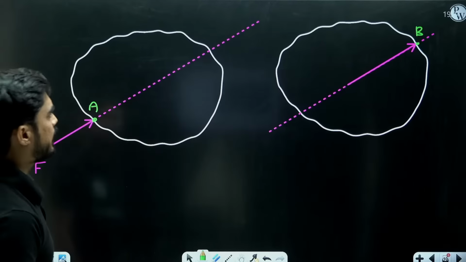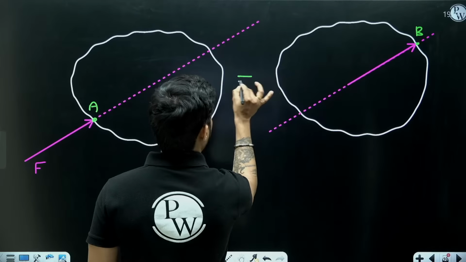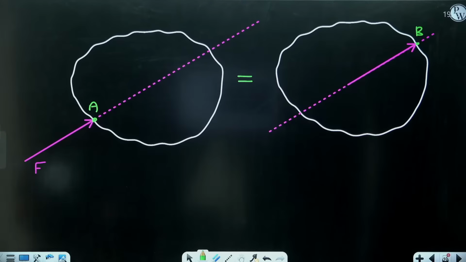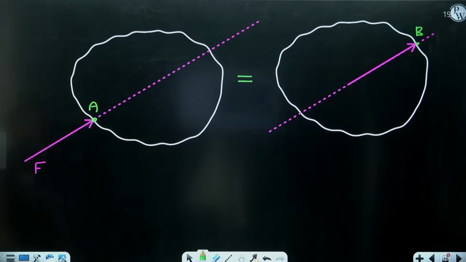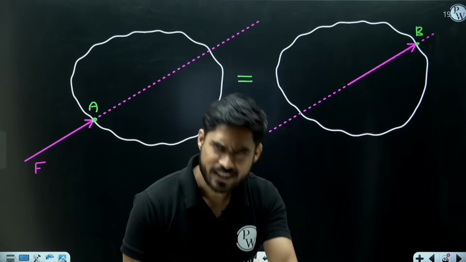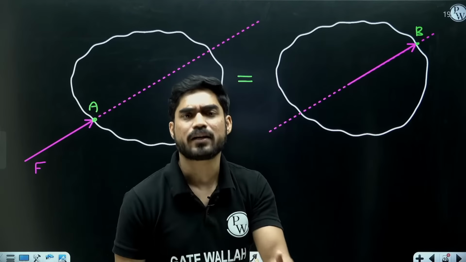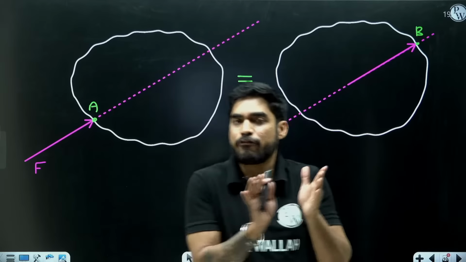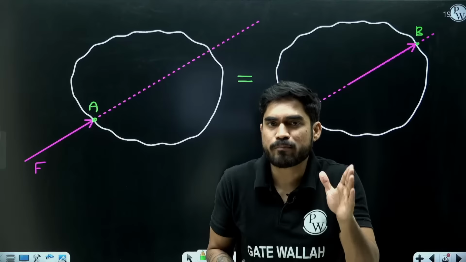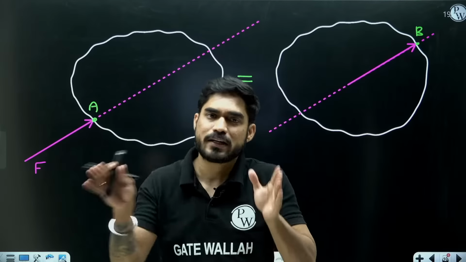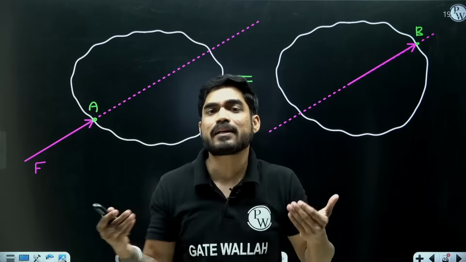The external effect will still remain the same. Now, what do we mean by external effect? External effect means any effect that you can see outside this body. For example, the velocity, the acceleration, the displacement, all these are external effects of the body, right? If I apply a force on a body and the body moves by 10 meters, then that displacement is an external effect.